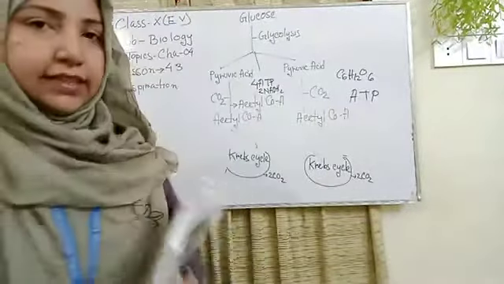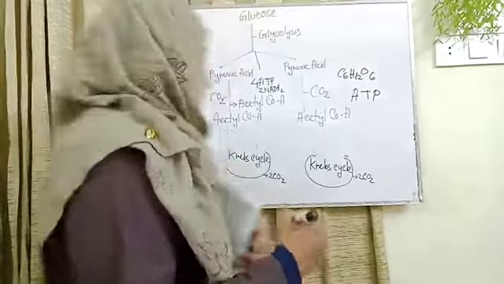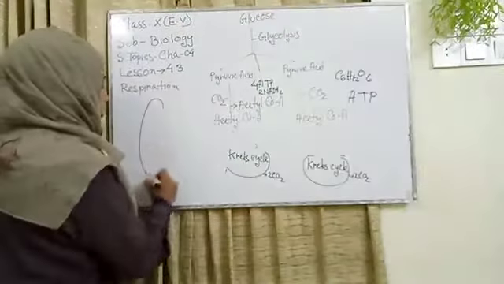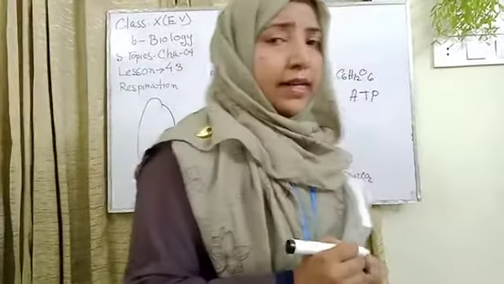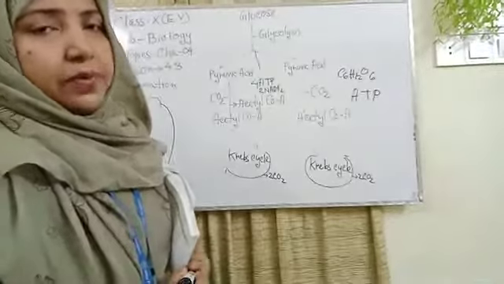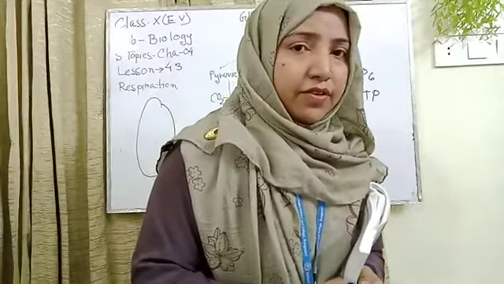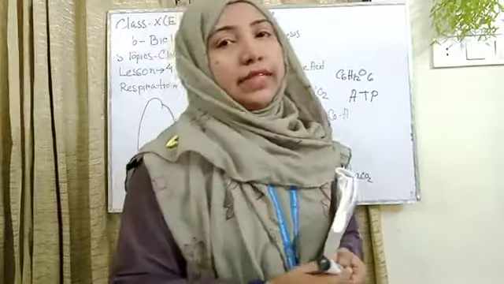The first stage is glycolysis, which happens in the cytoplasm. I draw the cytoplasm, and the next structure is acetyl-CoA formation, which happens in the outer space of the mitochondria. Have you any idea about mitochondria? Yes, the mitochondria is the powerhouse of the cell.